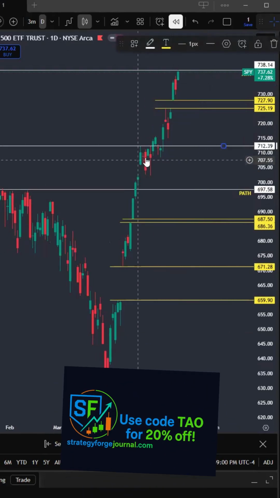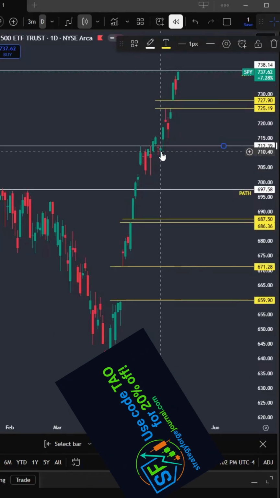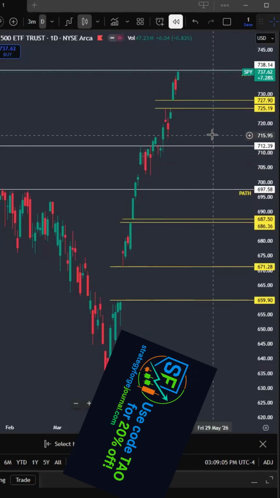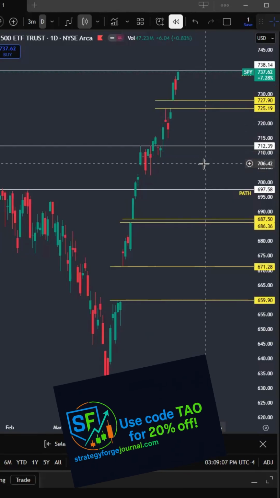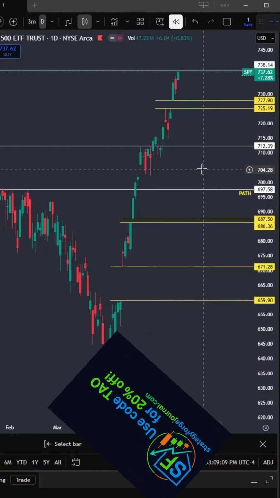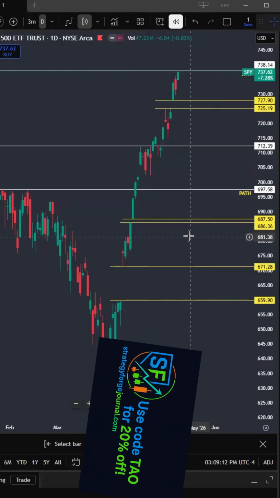We've got one here. We got 1, 2, 3, 4, 5, 6 days that really interacted with that level there. So I think it's important to grab that.